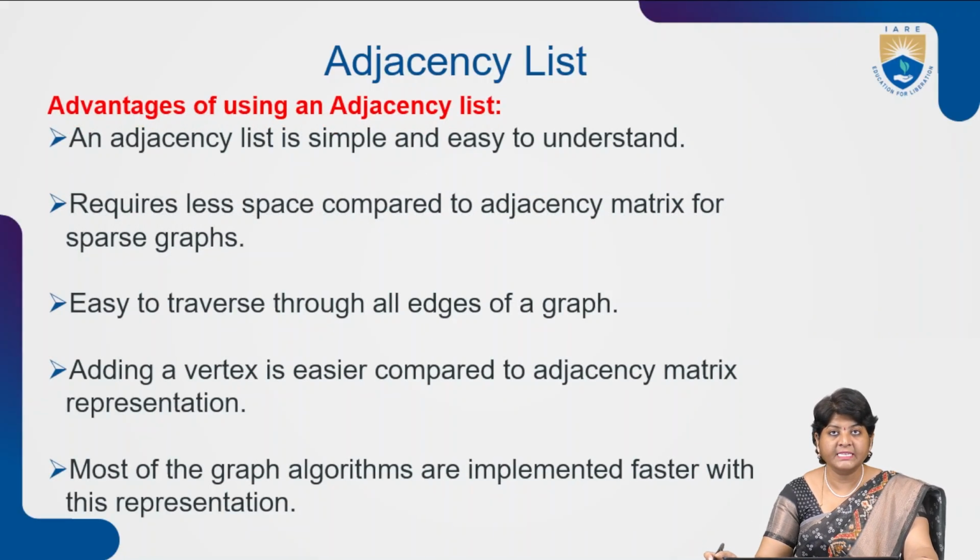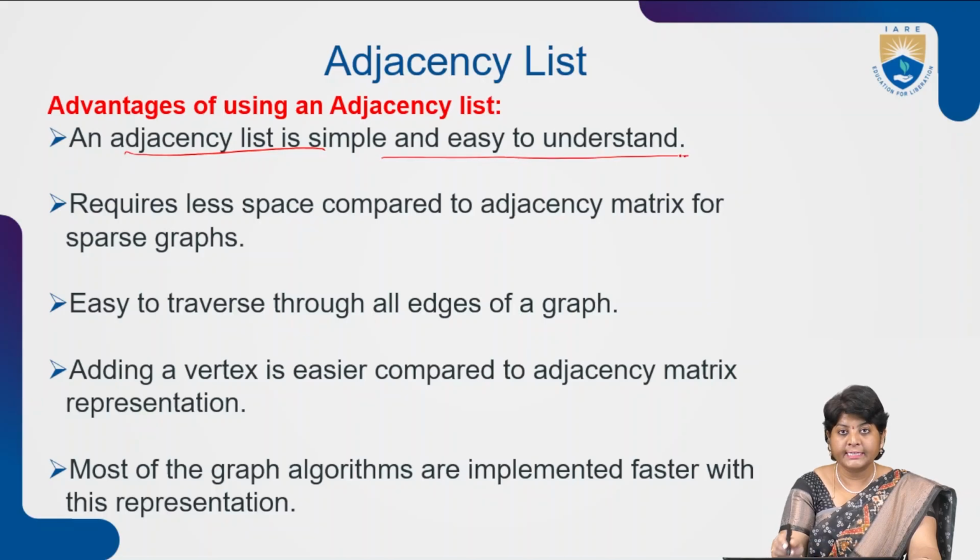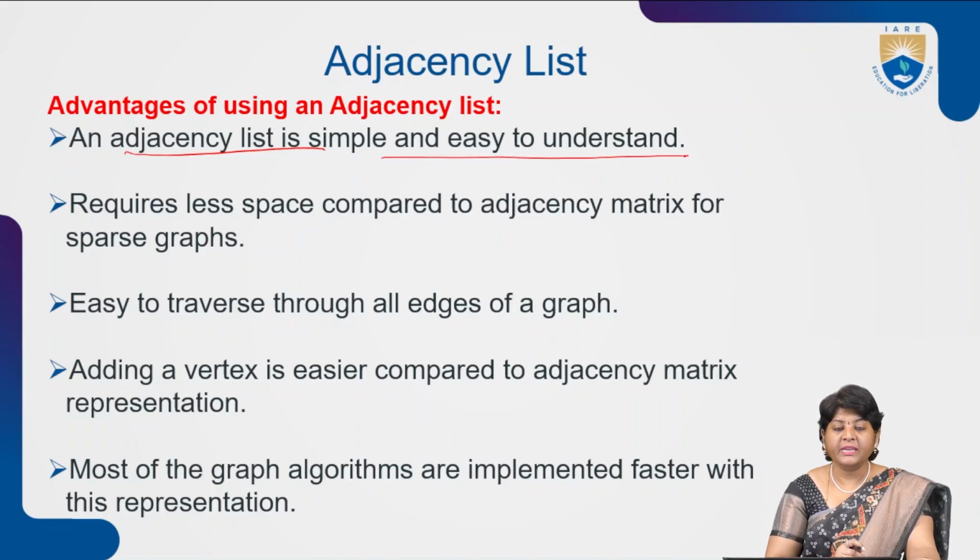And next, advantages of using an adjacency list. An adjacency list is simple and easy to understand because a complete picture will be there for a graph even if more vertices are present. The adjacency list represents in an easy format where we can see at a glance all the vertices and their connections.